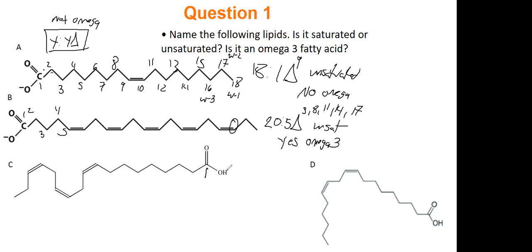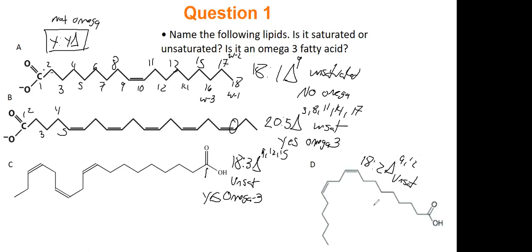So C, I have as an 18, 3, delta 9, 12, 15, unsaturated, it is an omega-3. And then for D, I have an 18, 2, delta 9, 12, unsaturated, no omega-3.